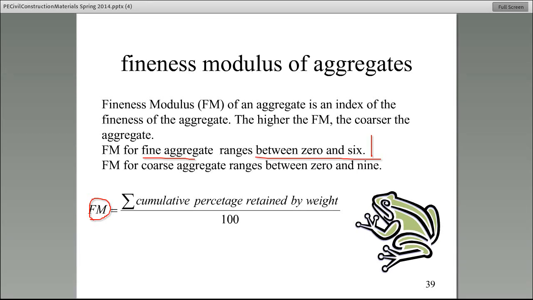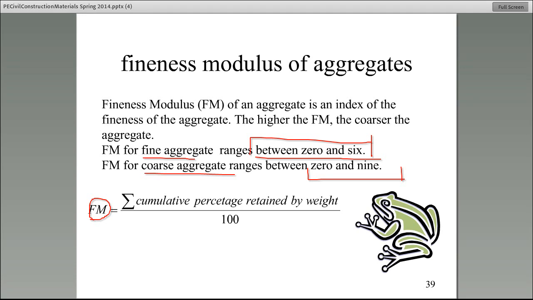All right, so remember that. Fineness modulus is nothing other than just an index that tells us how fine the aggregate is. So for sand, it's between 0 and 6. For coarse aggregate, for larger aggregates, that range is between 0 and 9. And exactly how you calculate it, this is the equation.